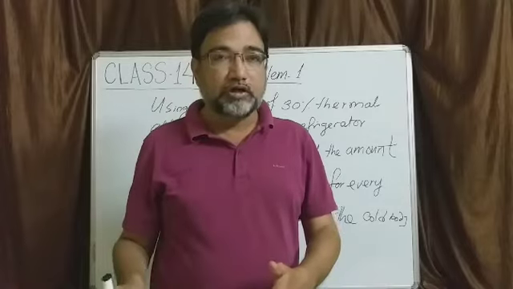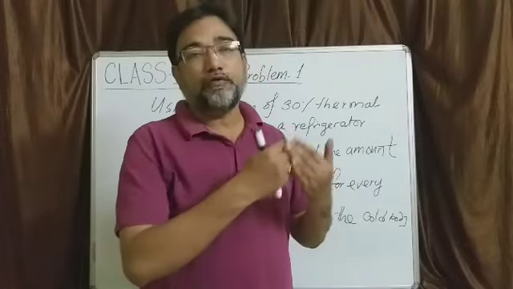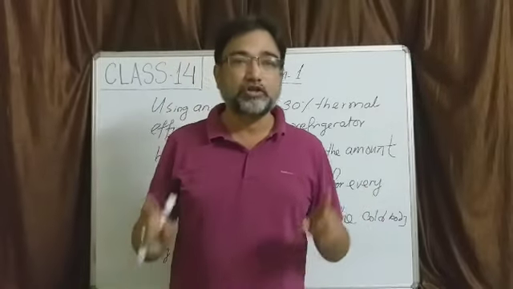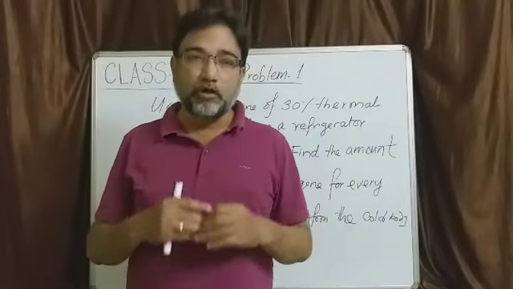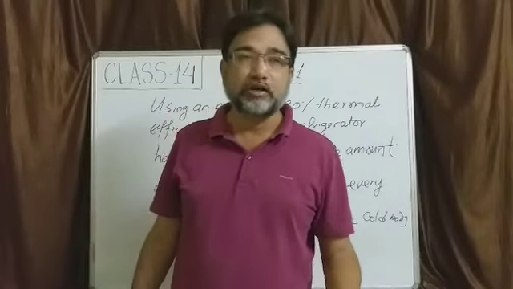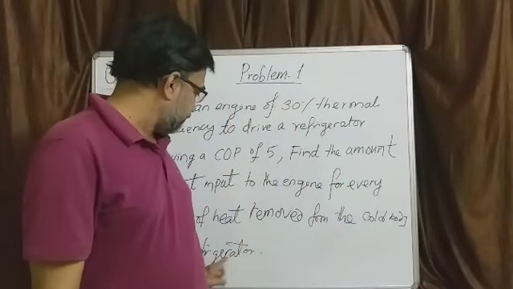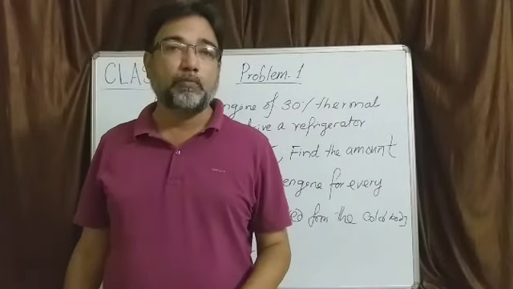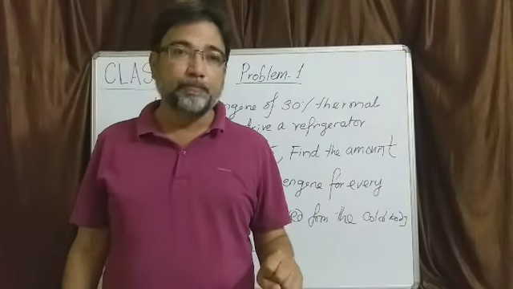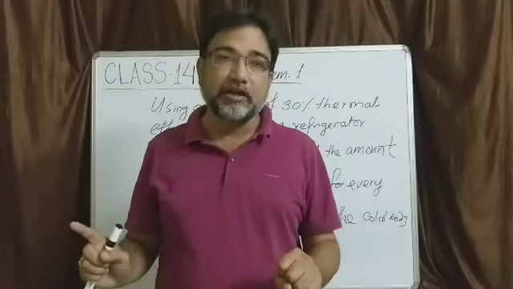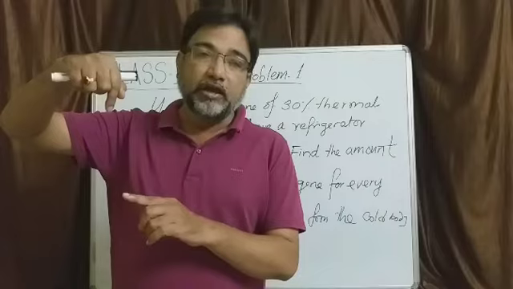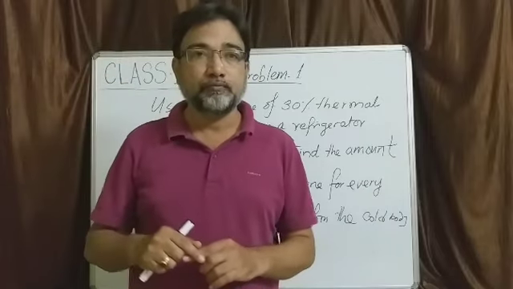For what situation? For every megajoule of heat extracted from the cold body by the refrigerator. You know that the refrigerator's job is to extract heat from the cold body. So how much heat is extracted from the cold body? Say 1 megajoule. And for every 1 megajoule of heat removed from the cold body by the refrigerator, which is driven by a heat engine of 30% efficiency, what should be the heat input to the engine?